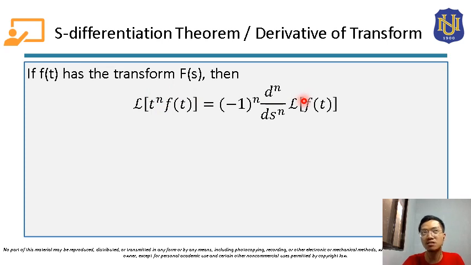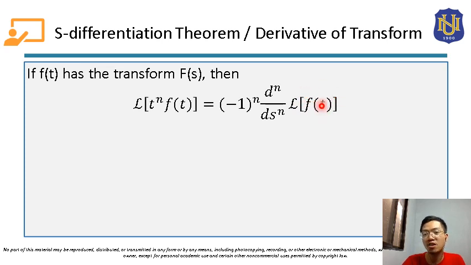The order is the number of times that you need to derive this Laplace transform of f of t. So if n is just 1, you will just have to derive this once. If it is t squared here, so n is 2, you have to perform derivatives twice for the Laplace transform of f of t.